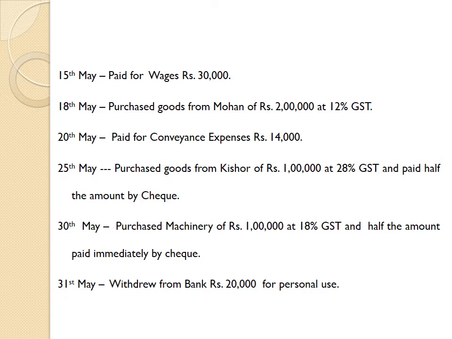On 20th May, paid for conveyance expenses rupees 14,000. On 25th May, purchased goods from Kishore of rupees 1 lakh at 28% GST and paid half the amount by cheque.